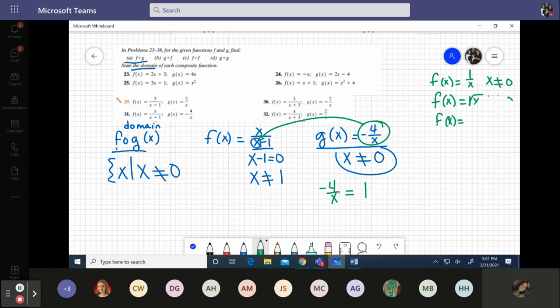So I got to find out what number would give me that 1. And if I multiply both sides by x, I get that x is equal to negative 4. So that's going to be the second part of my answer.